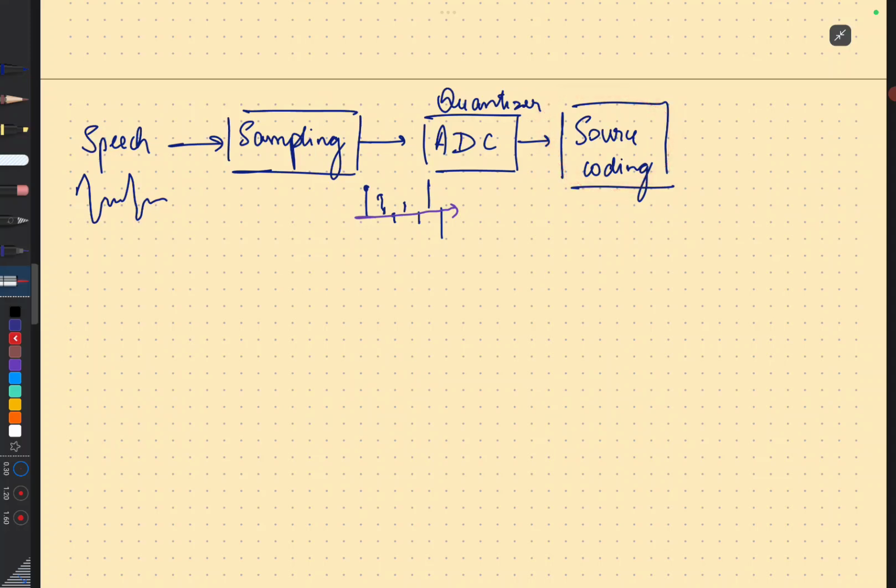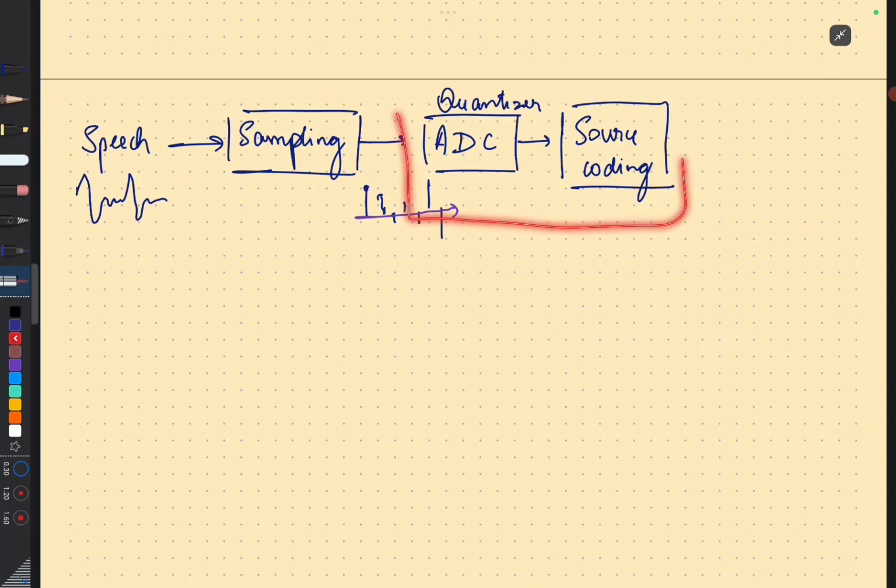So you first quantize and then use some kind of a lossless compression scheme to compress it even further. All right, but in principle you could design both of these jointly, because in the end, when you combine both of these blocks together, what you want to do is lossy compression. Right, so you have a vector or a sequence of some particular length, and you want to represent this using as few bits as possible.